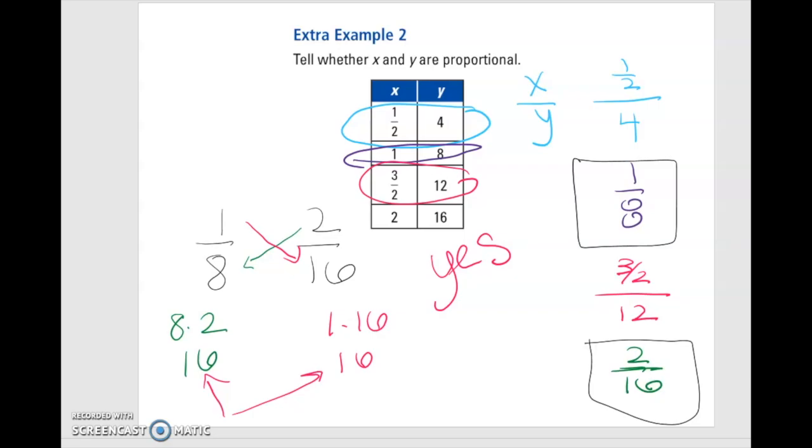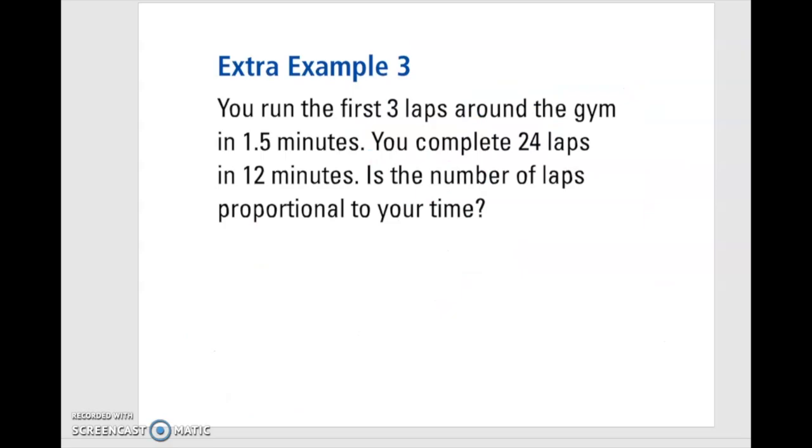Now again, we could do the same thing looking at a word problem. It says you run the first 3 laps around the gym in 1.5 minutes. That's a ratio. A ratio just compares two numbers. You run 3 laps in 1.5 minutes. There's your ratio: 3 laps, 1.5 minutes.